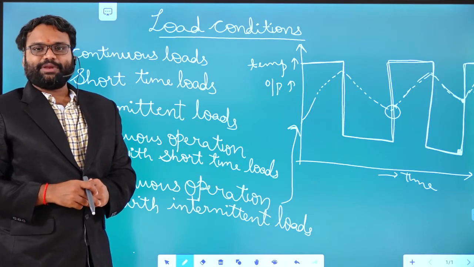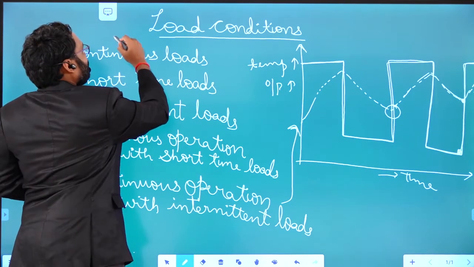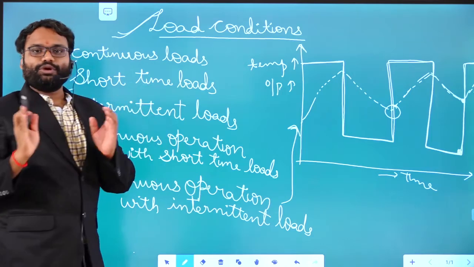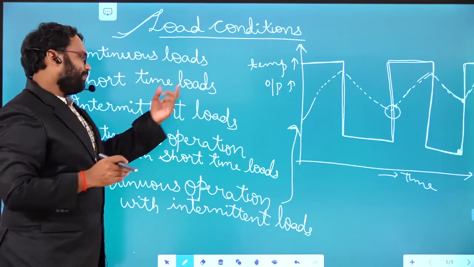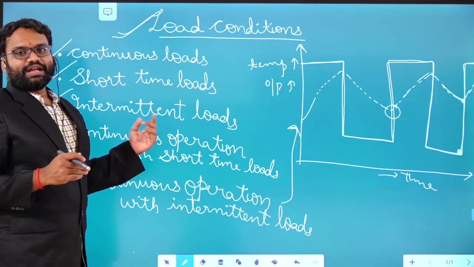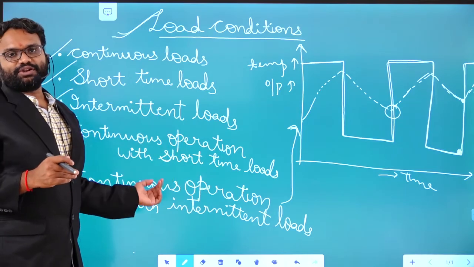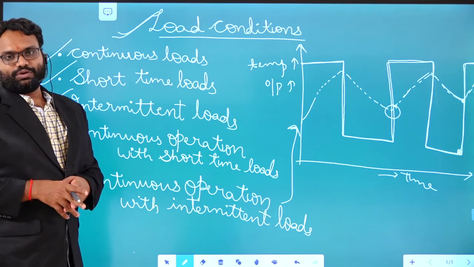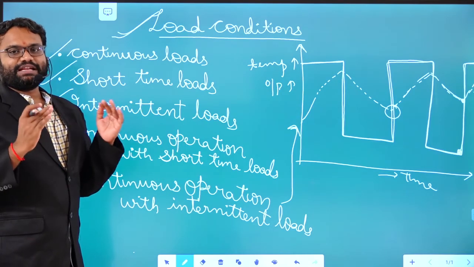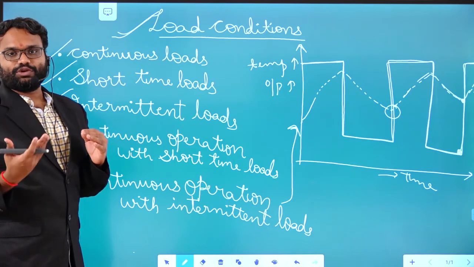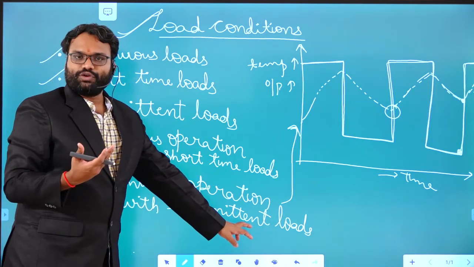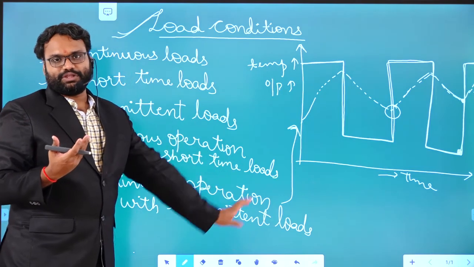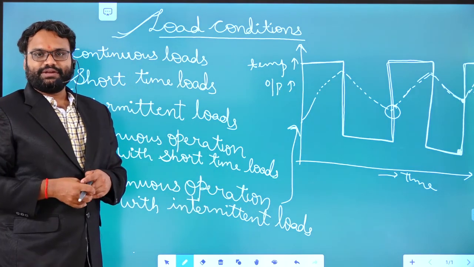Again I am repeating, based on our output side demand we have different loading conditions: continuous loads, short term loads, intermediate loads, continuous operation with short term loads and continuous operation with intermediate loads. Based on the design considerations we can have a number of load types. Clear? Right? Thank you.